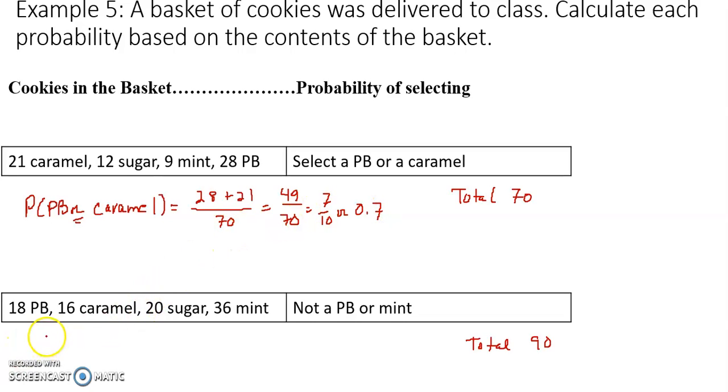And in my last example, I want not a peanut butter, not a mint. So then success would only be if we pull a caramel or a sugar.